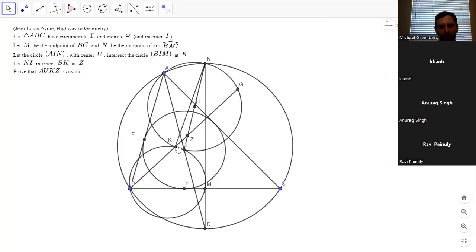And we end up showing that that's KZI basically. KZI is half of arc KI plus NG.